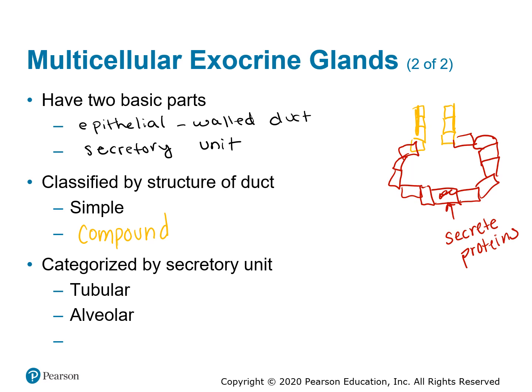Remember how I said biologists aren't very creative? The third secretory unit is a combination of the tubular and alveolar, so they truly just named it tubulo-alveolar. Biologists are not creative. It's not their job. They say it looks like this, it looks like this. Shove the words together, works for me. Okay?